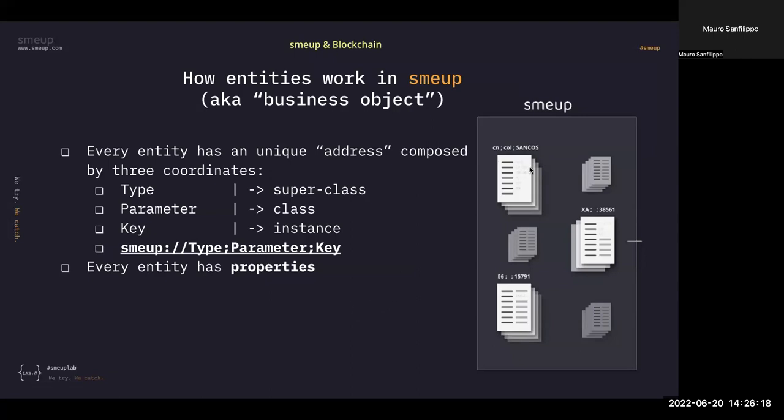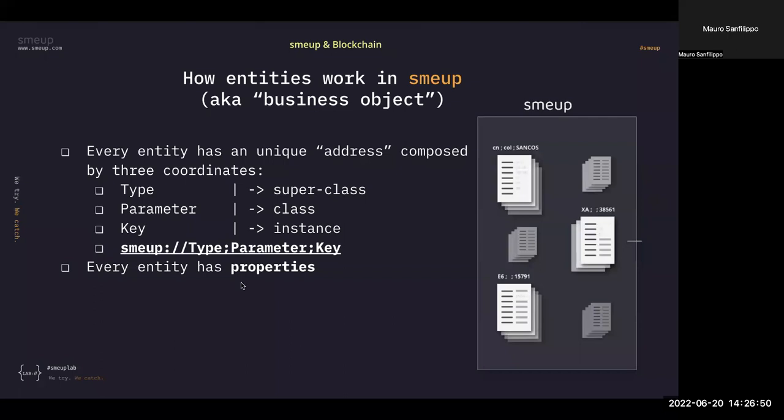In SMAP, every single entity in the system has a unique address. It's made by three coordinates. It's not important to understand what these three coordinates are, but we have this URI, a proprietary URI that identifies in a unique way every single entity inside our system.